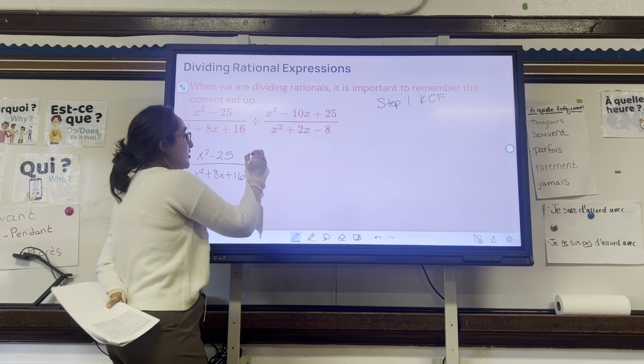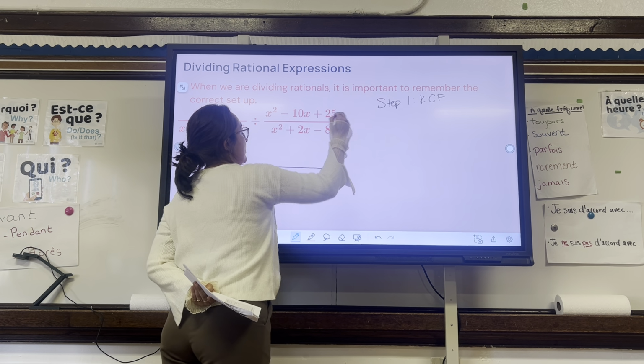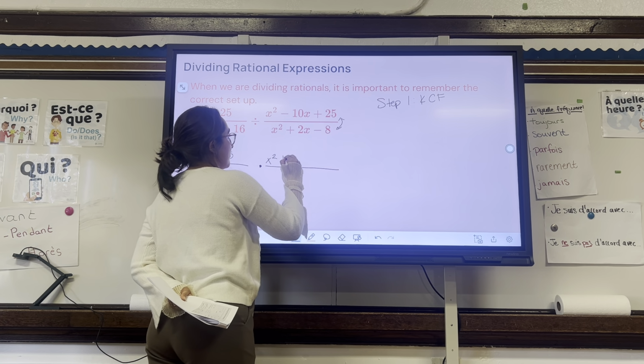We change the division to multiplication, and we flip this. If you forget to flip, it is obviously going to change your final answer by a lot. Alright? Because it's going to change what you cancel out.